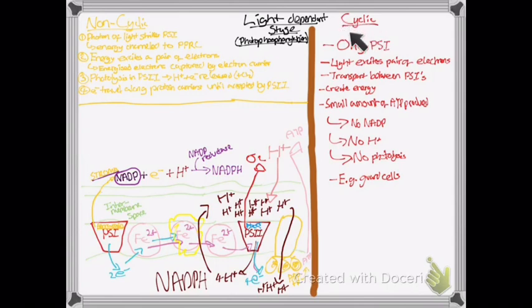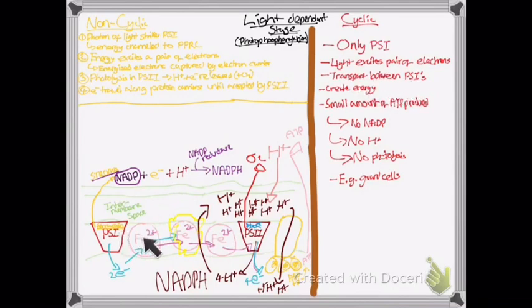Cyclic photophosphorylation is the second form of the light-dependent stage. It produces much less ATP, a much lower yield of ATP, so it's not always happening. But guard cells only have photosystem 1, so they can only carry out cyclic. Cyclic photophosphorylation is when electrons are passed between photosystem 1 electron carriers, which contain Fe2+, and back to photosystem 1.